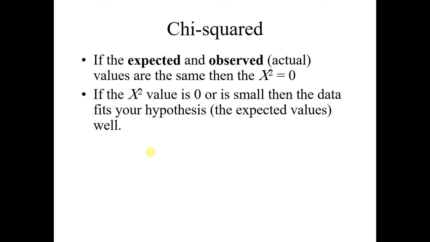That's if our observations and our expectations perfectly align. So if the chi-square value is 0 after doing this test, or is very small, then our observed results are going to support our hypothesis, which is what we expected the results to be from our Punnett square.